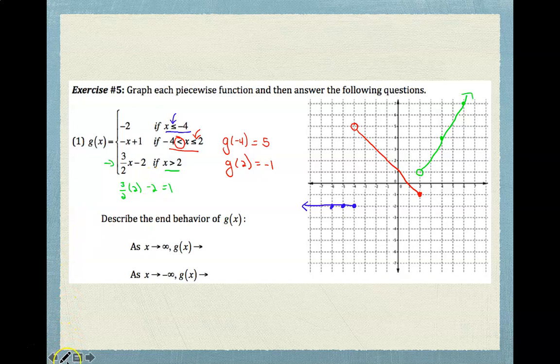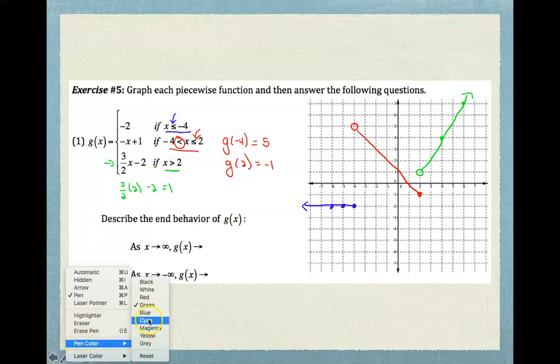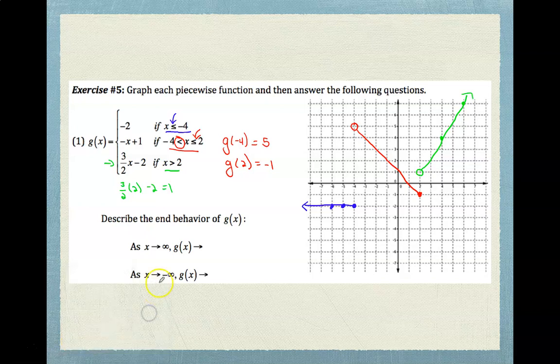If I'm going to look at the end behavior of this function, all right, go back to blue. As x approaches infinity, as we go on this side, what is my function doing? Well, this arrow is indicating that the function is going to keep going up and up and up. So as x approaches infinity, g of x, my function, is going to also approach infinity.